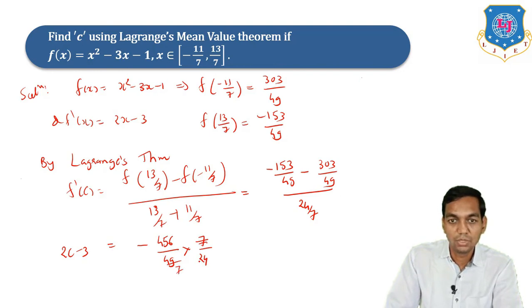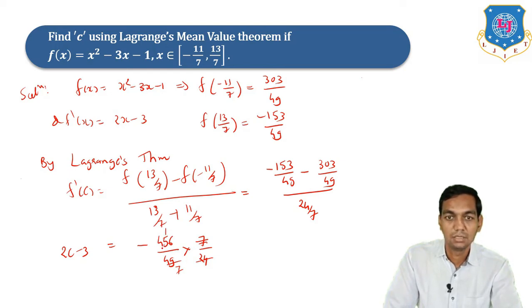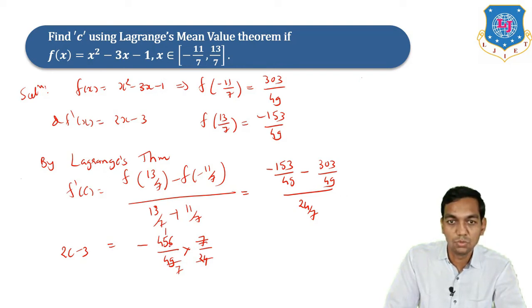If you check this, 7 times 24 simplifies, and we get -19/7.